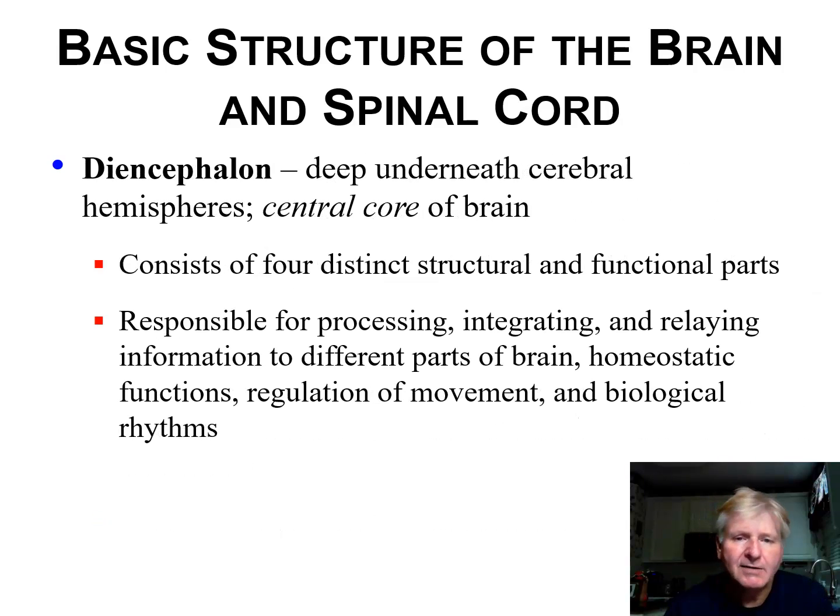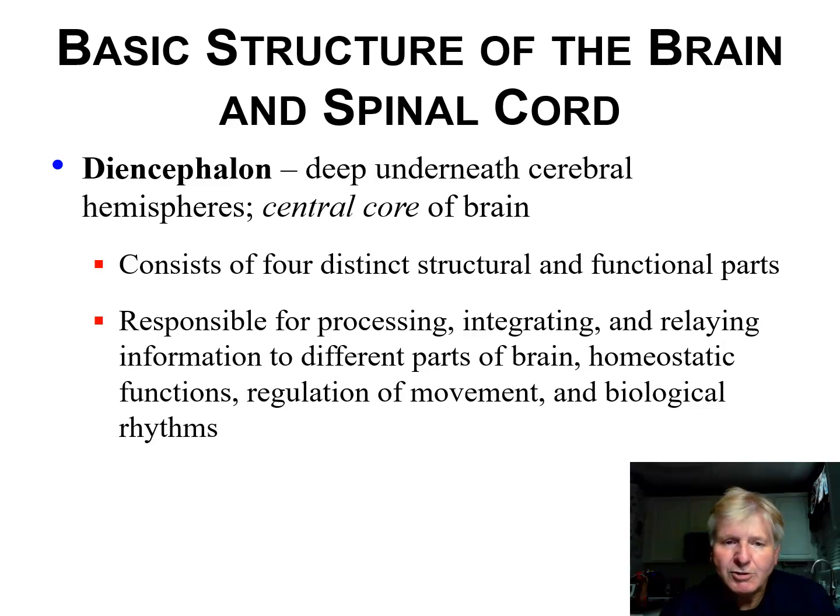Now, the diencephalon, the second division of the brain, is deep underneath the cerebral hemispheres, and it lies at the very central core of the brain. The diencephalon is comprised of 4 distinct structural and functional parts. It includes the thalamus and hypothalamus and pineal and pituitary gland. So these structures are responsible for processing and relaying information to different parts of the brain, as well as integrating that information.